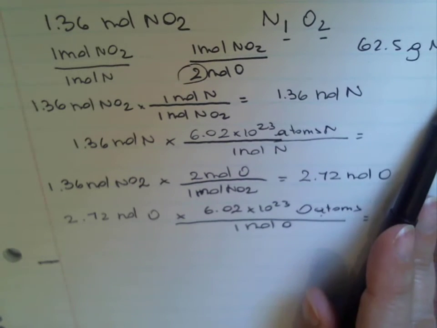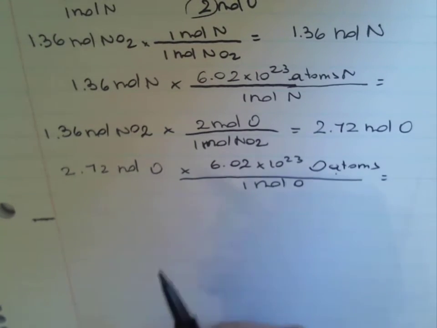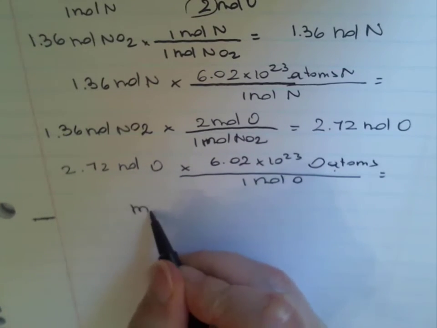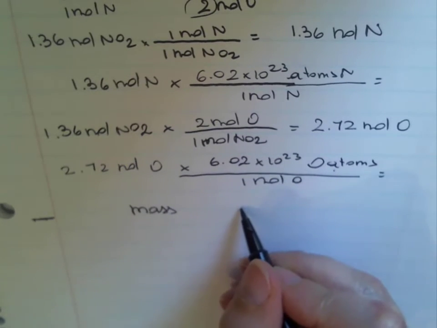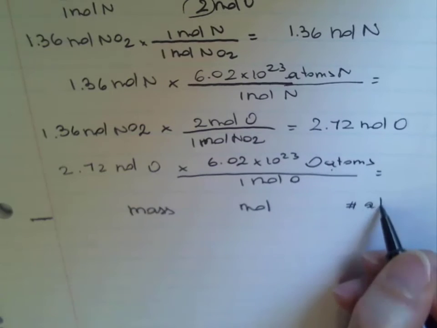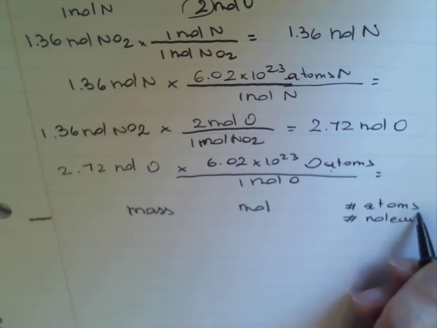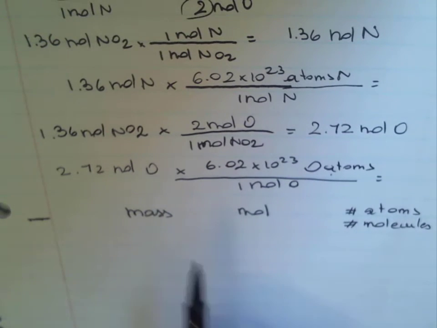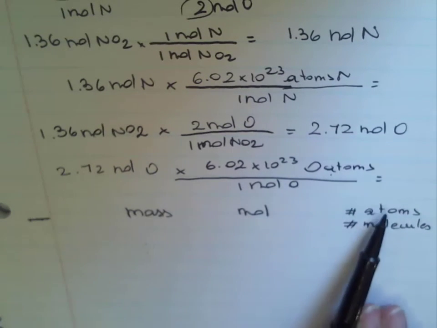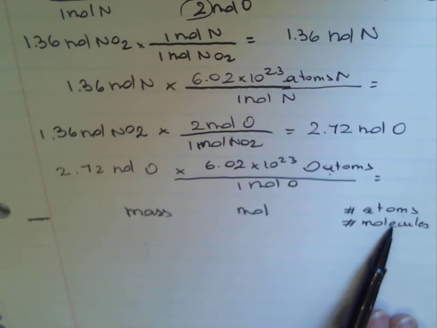So in general, and summing up, when we have a mass, we can convert this into moles and then convert into number of atoms or number of molecules. We can never convert masses directly into number of atoms or masses into number of molecules.